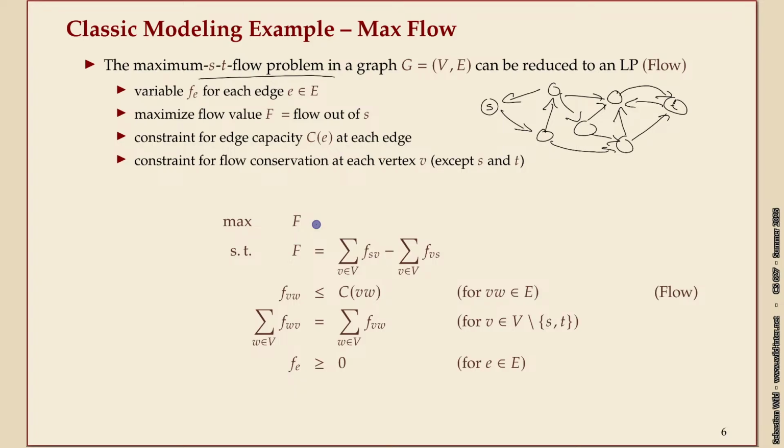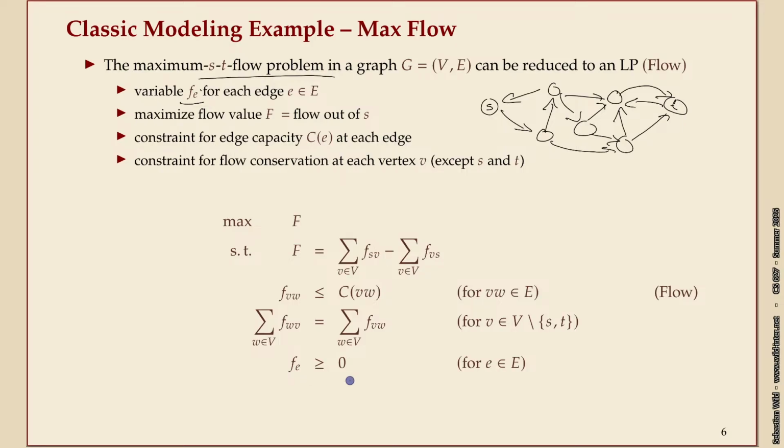If you write that as an LP, it's very naturally fitting in this shape. We maximize this flow value. The flow value is actually what flows out of S. So you can write that formally as, I guess I should say what the little f is. That's a variable for the edges. Each edge has an amount of flow that you can send across it. It's some real number.